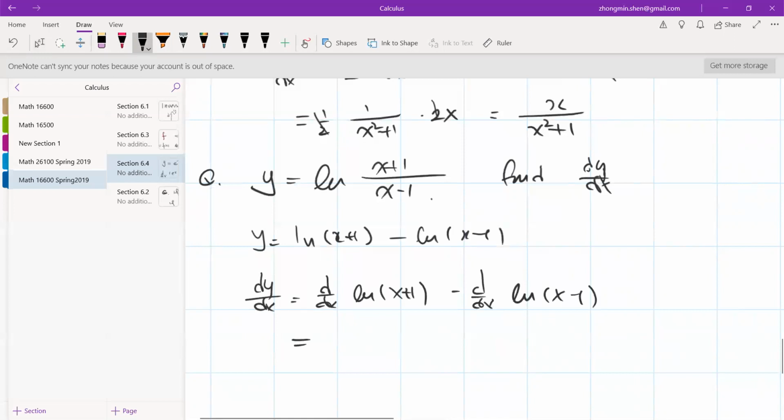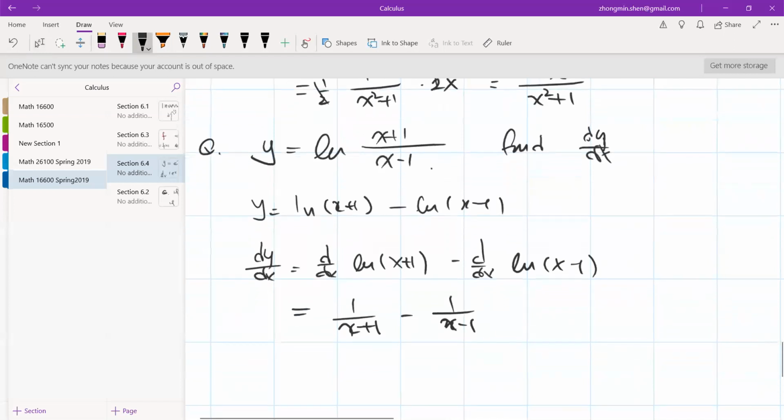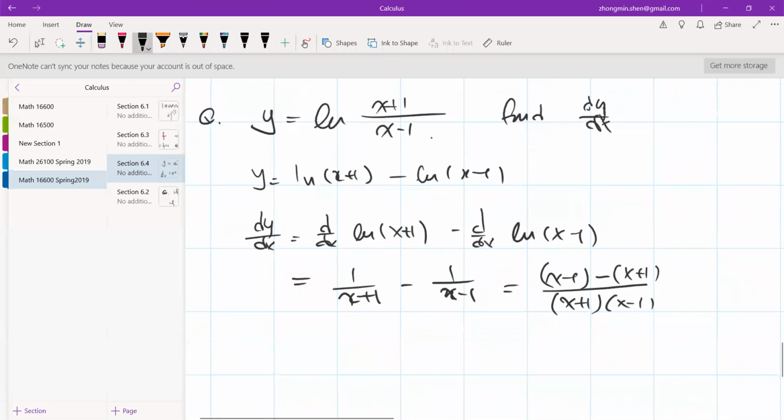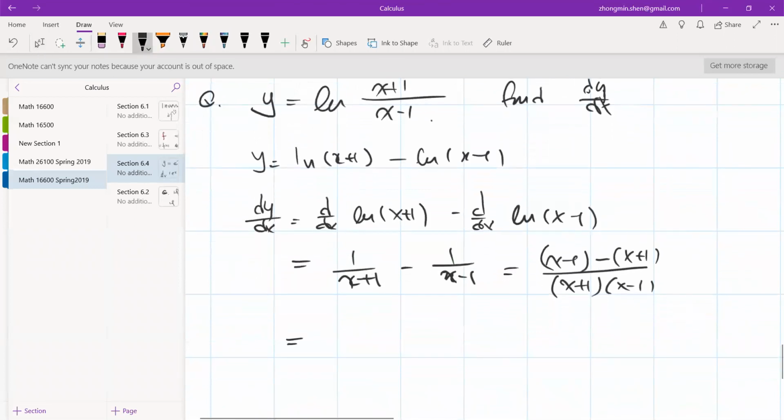I get 1 over x plus 1, because the derivative of x plus 1 is 1, minus 1 over x minus 1. You don't even need to simplify it, but if you want, you can. It's going to be x minus 1 minus x plus 1 over x plus 1 times x minus 1, so that is negative 2 over x plus 1 times x minus 1.